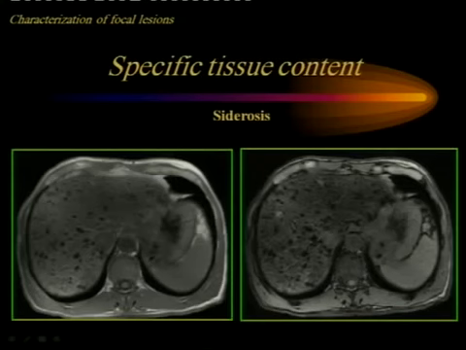The presence of siderotic nodules within the liver demonstrates susceptibility artifacts on all sequences, basically, and is very helpful, particularly in the cirrhotic case, because it is usually or almost always an indicator of either a regenerative or dysplastic lesion, and hepatomas tend not to have much siderosis.